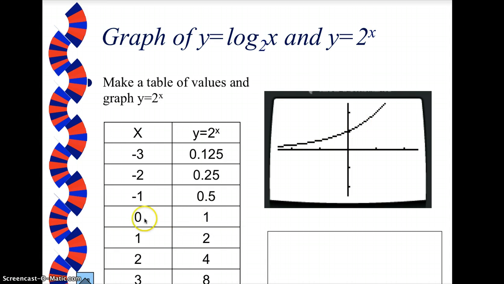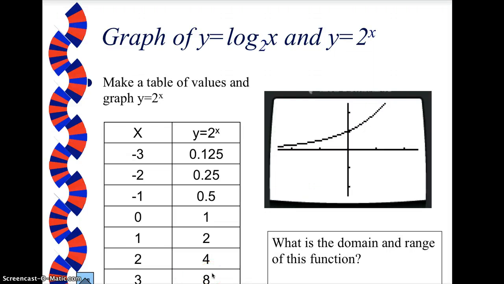It's the characteristic of an exponential function. What is the domain and range of this function? We already discussed this. The domain is all real numbers, and the range is y greater than 0.